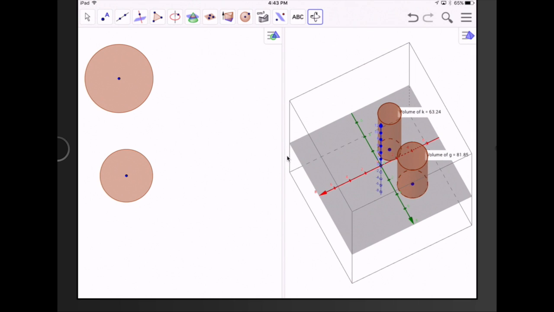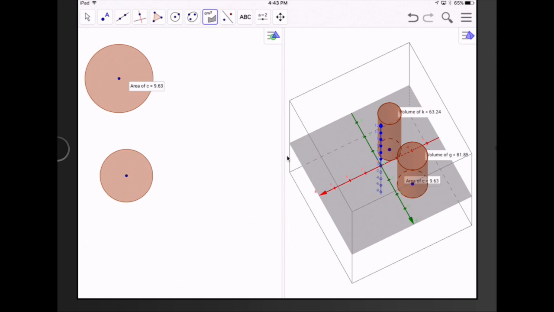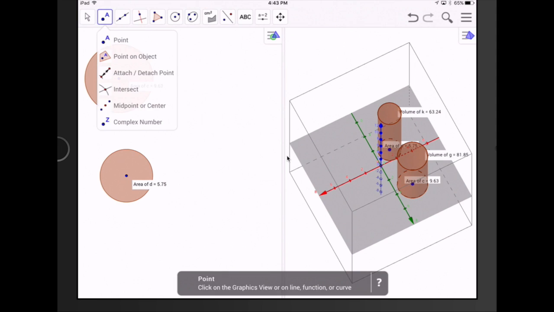All right, to add one more measurement, I'm going over to the circles again, and this time I'm going to measure the area of the circles. All right, so the area of the larger circle is 9.63. The area of the smaller circle is 5.75. I'm now going to add a point on each of the circles.